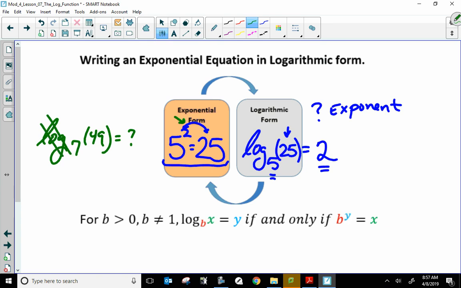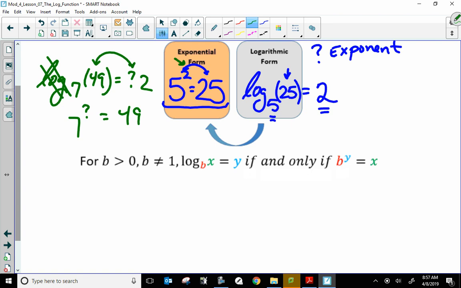You can drop the log just by switching these two values. 7 to what power is 49? She would know that's 2. Same thing, let's go someplace else. Log base 3 of x equals 4.